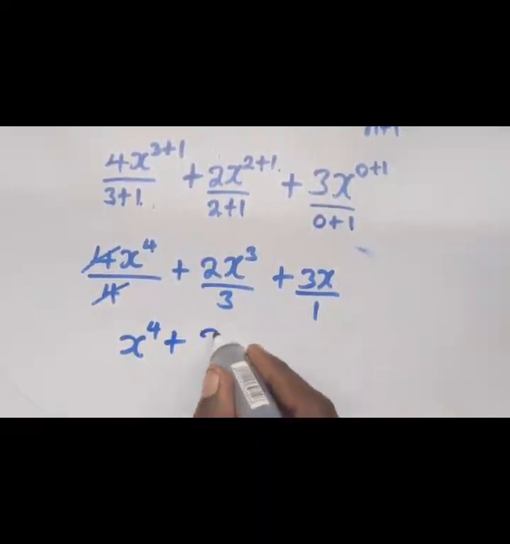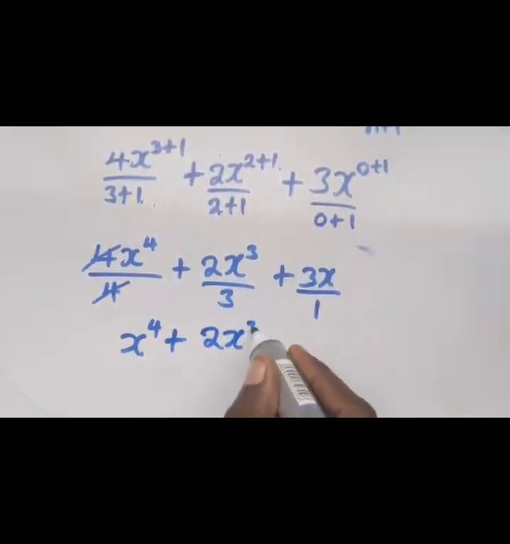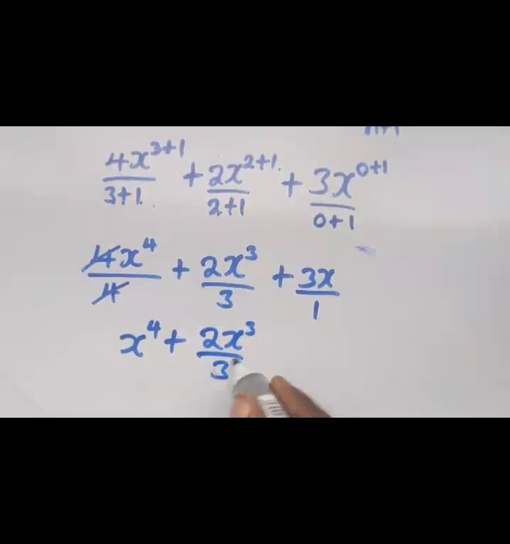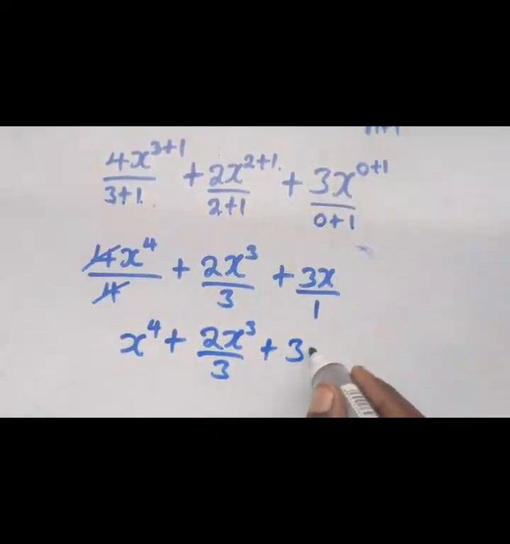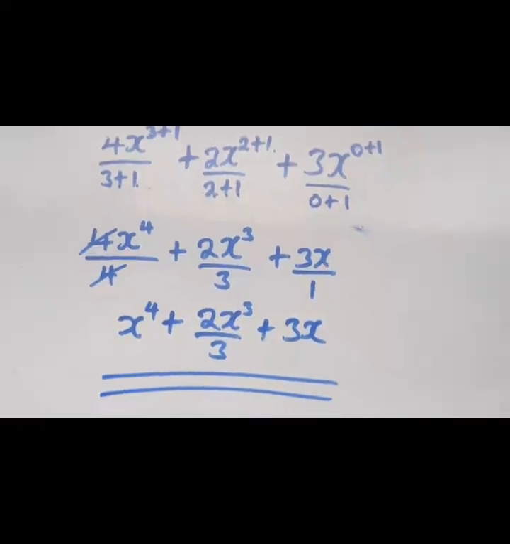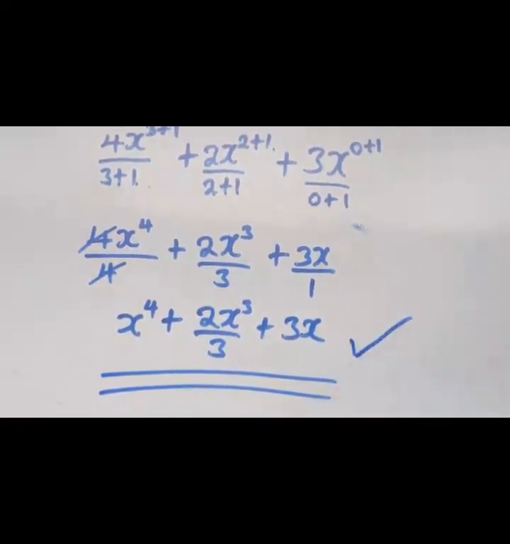So you're going to copy this: x to the power 3 over 3, then plus 1 into 3x, you're going to have 3x. Then that is your answer. Doing this question, have you seen that calculus is very simple?